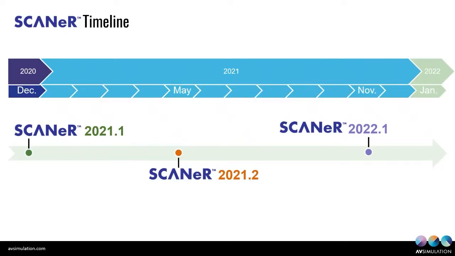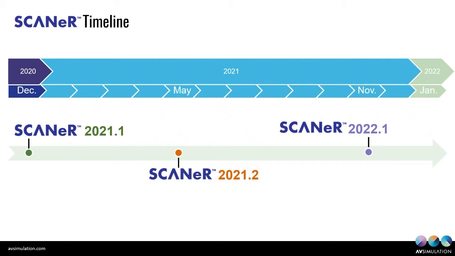So just to start, I wanted to start with the SCANeR timeline to remind you when we release our new version. You can notice that we have changed the number of the version.